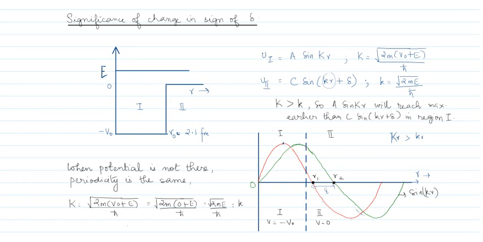Actually the red line should be continuous, because these wave functions are well behaved wave functions and they should be continuous at the boundary. So this curve will actually start from where the previous one had stopped. It should be so. Okay.